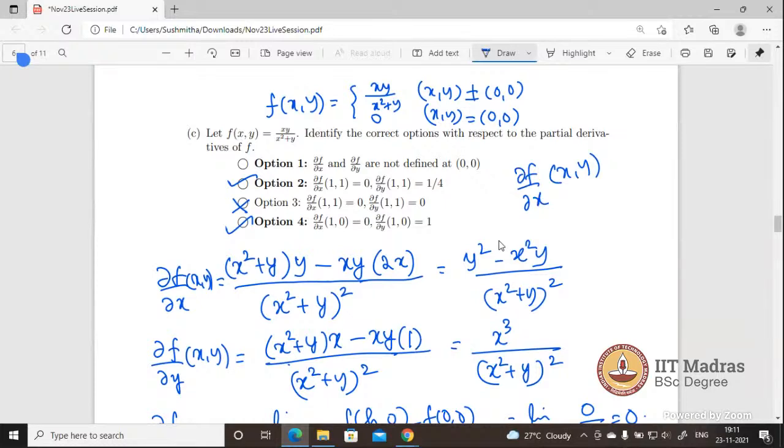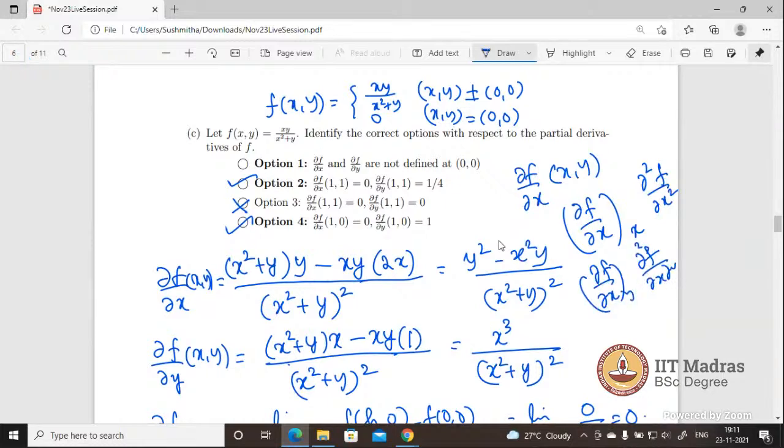So that's when you will have dou f by dou x derivative with respect to x, that's going to give me dou squared f by dou x squared. Dou f by dou x with respect to y is going to give me dou squared f by dou x dou y. Okay, we'll not be using these kind of things in our course, ma'am.